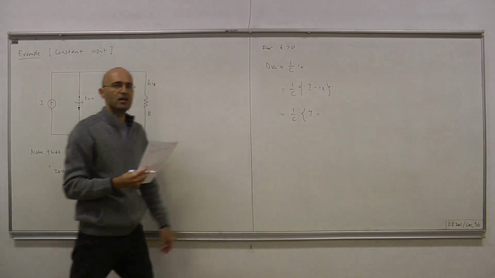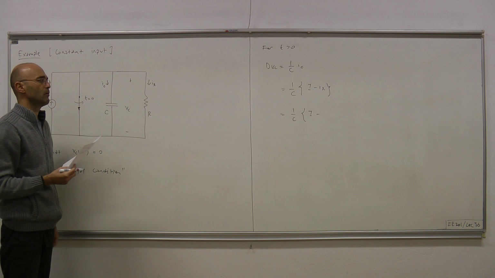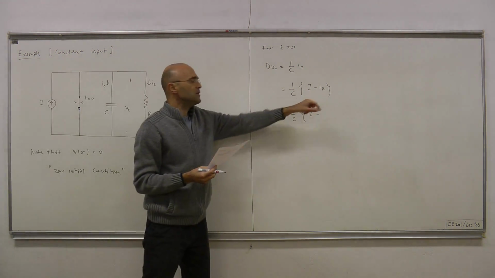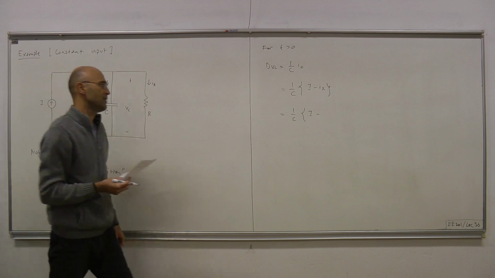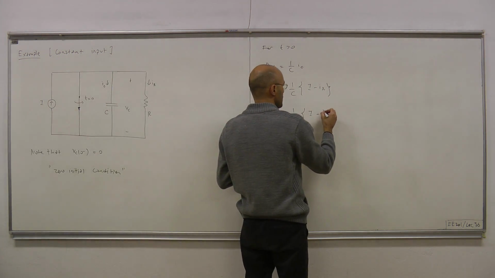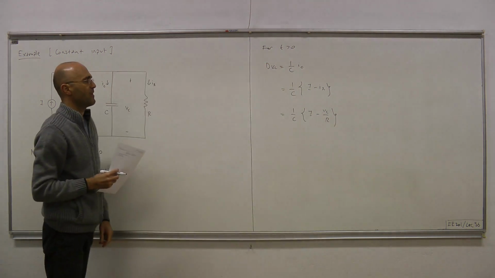Now, we want everything in terms of the input and the capacitor voltage, our formulation variable. IR is VR over R, and VR is no other than VC. Therefore, we can replace this IR with VC over R. And that's what we want.